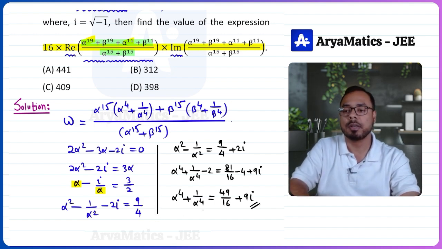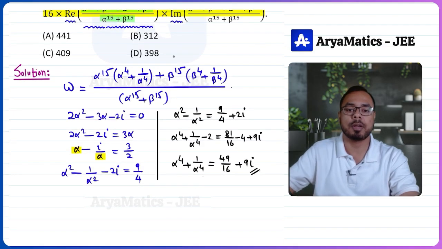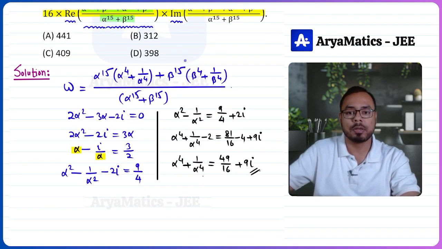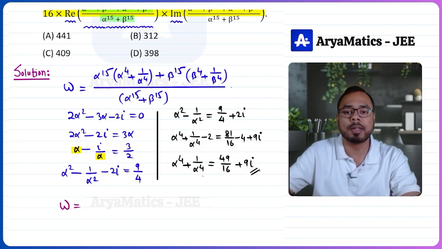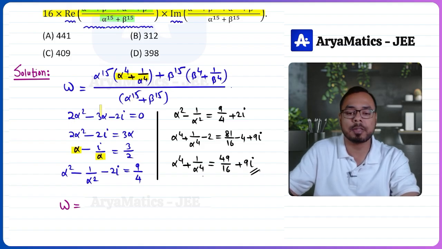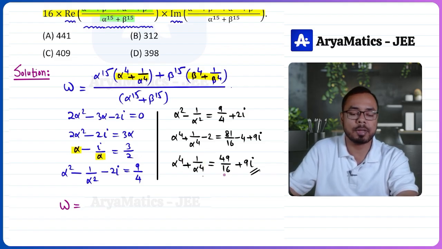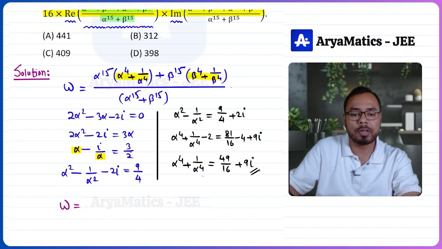And that means for this complex number omega, these two will have the same value, because you can replace alpha with beta and then do the same sequence of steps. So beta raised to 4 plus 1 by beta raised to 4 will also have the same value. So that you can take common.